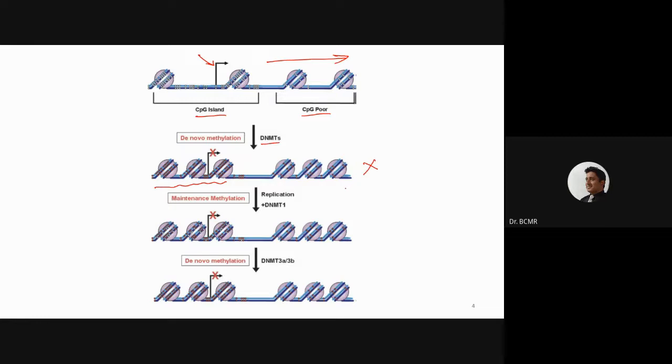Upon replication, because of semi-conservative replication, we would end up with something hemimethylated like this. So we have other types of methyltransferases, like maintenance methylases, DNMT1 and so on, which will identify these regions and methylate the other strand as well.